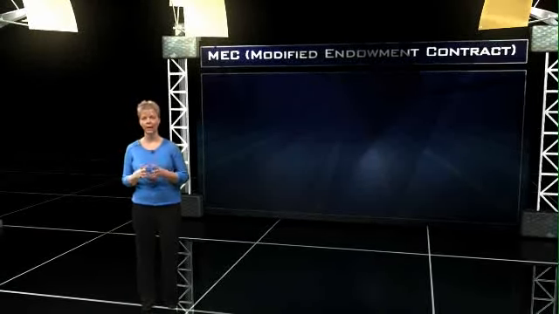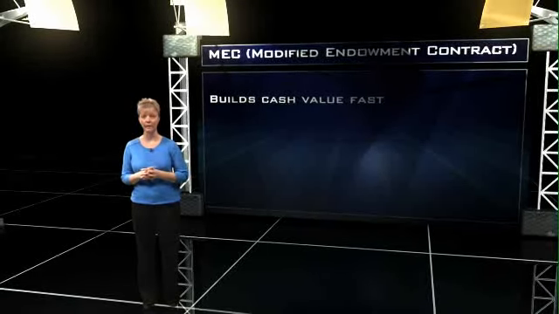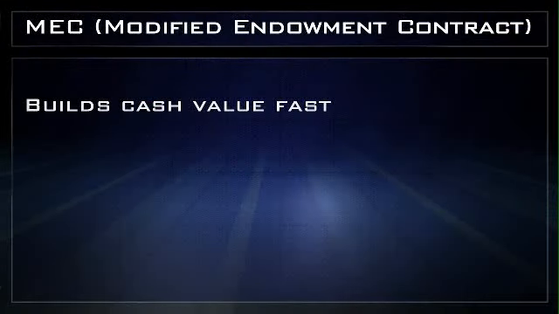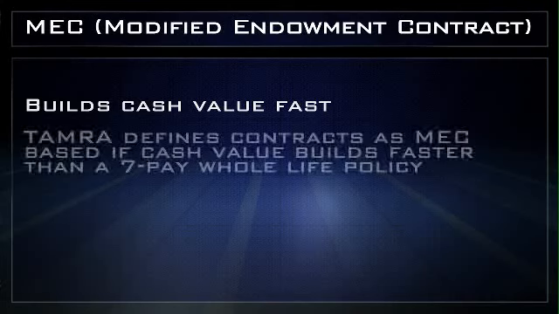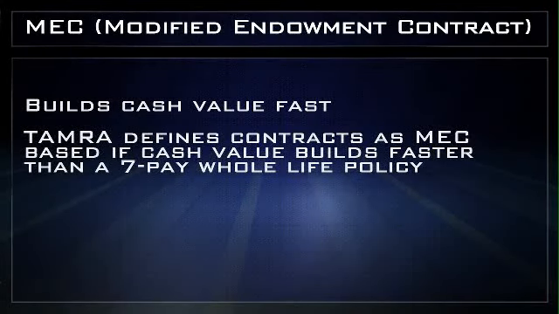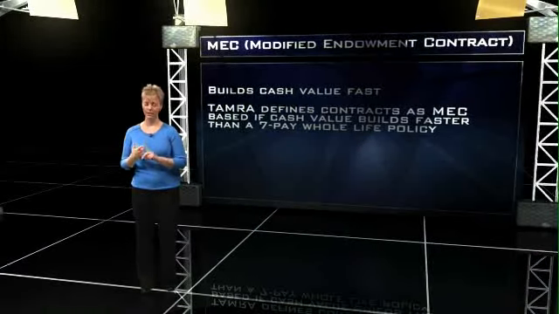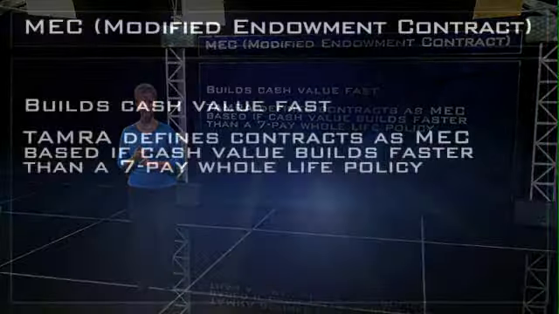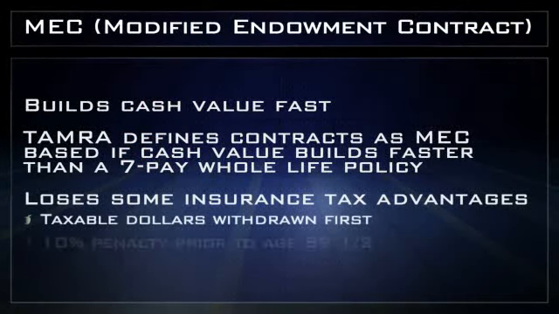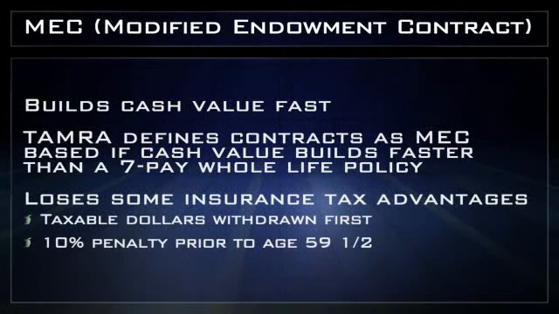These policies are like cash value policies on steroids, meaning the cash is very, very aggressive, and actually the government and TAMRA will decide or define if this contract is a modified endowment based on how much that cash has grown over the first 7 years of that policy. If it's too much, by their definition, it is called a modified endowment, and they will take away a few of those tax benefits that the client was receiving before.